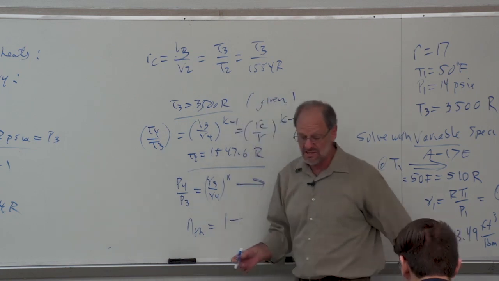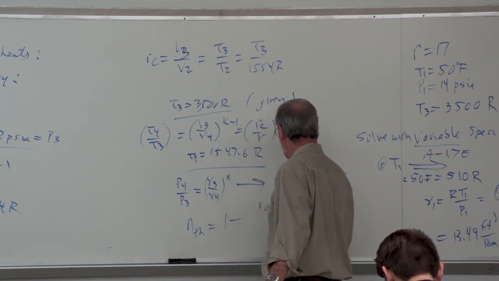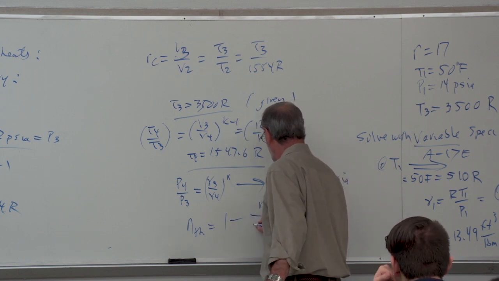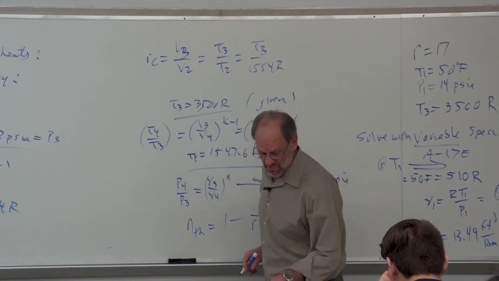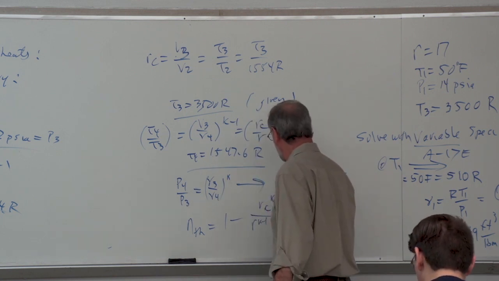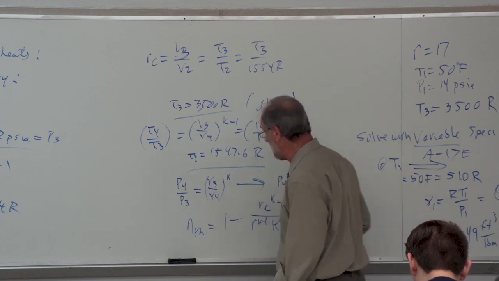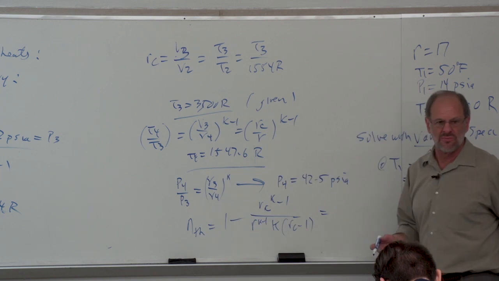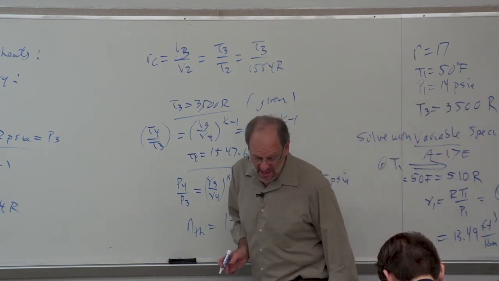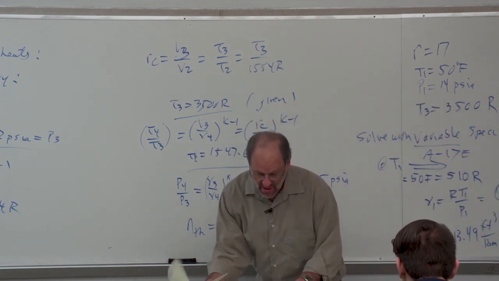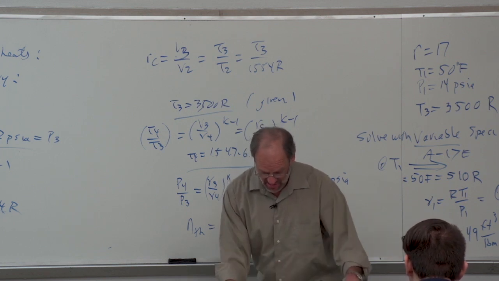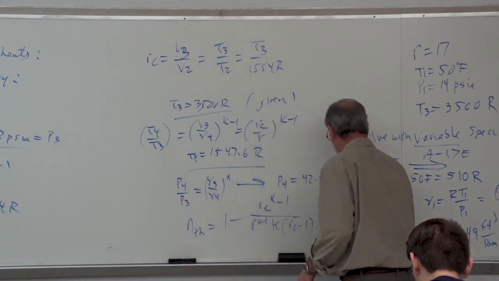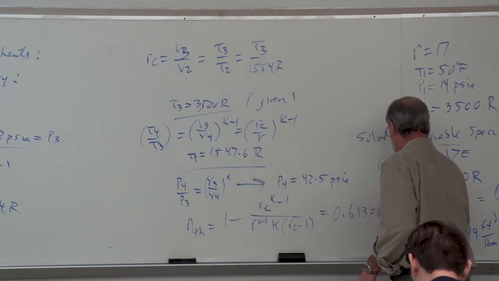So 1 minus, and then we have the cutoff ratio to the k minus 1 in the numerator, and in the denominator, we have the compression ratio to the k minus 1, and we have the ratio of specific heats, k, and then the cutoff ratio minus 1. Anyway, we have all these numbers. Just plug them into the problem, and we end up with, where'd it go? It's hiding. Oh, here it is, 0.613, or 61.3%.